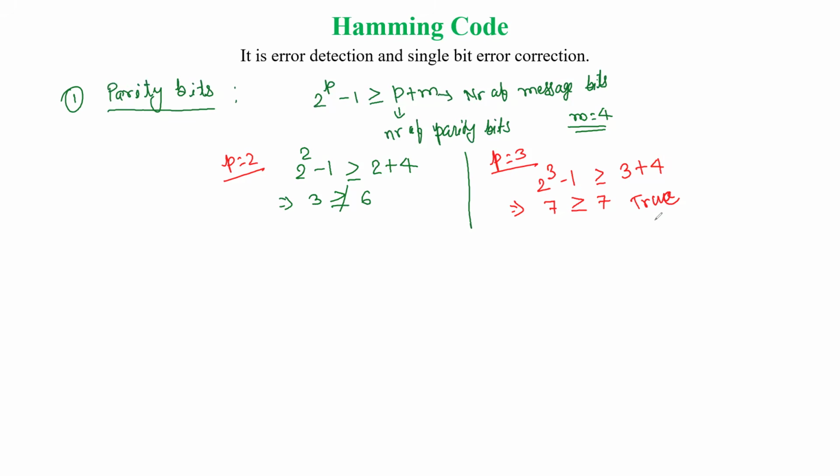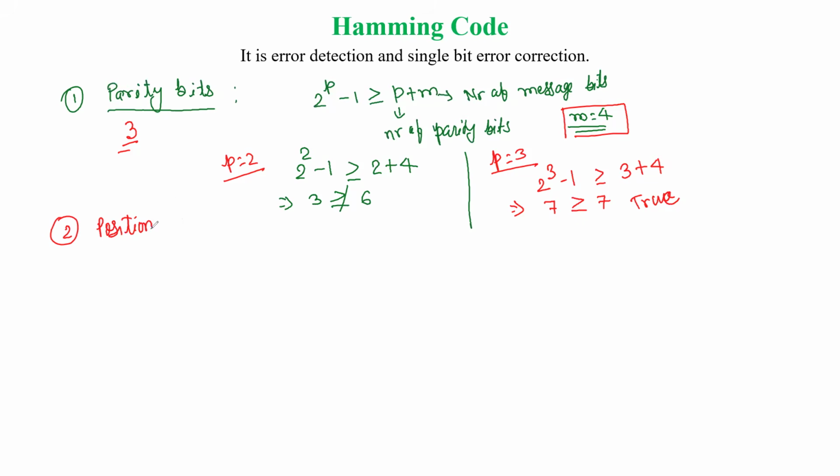From this we understand that to transmit 4 message bits, we require 3 parity bits. Once we have this information, that we have 3 parity bits, the next step is: what is the position of the parity bits?